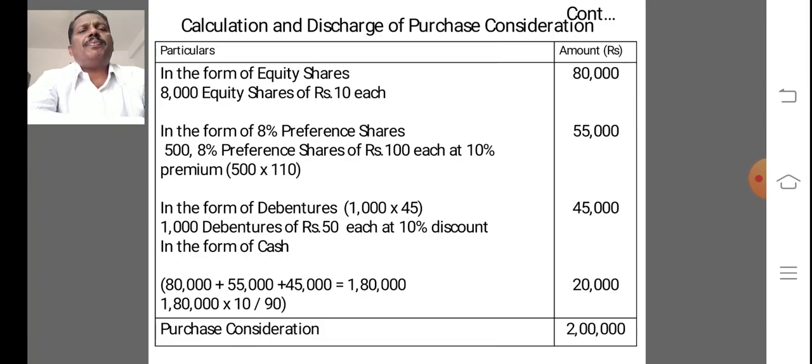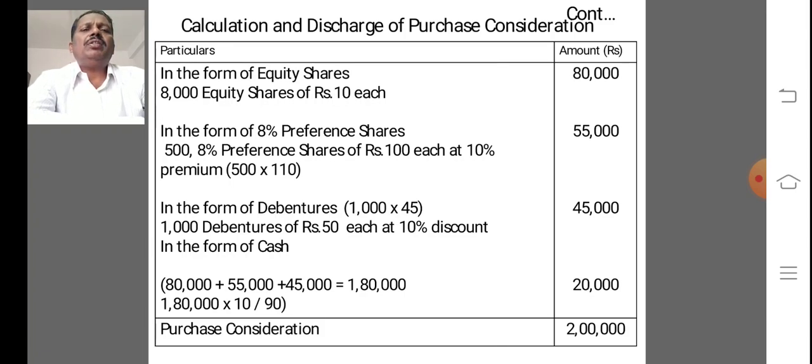And lastly, in the form of cash, that is pay cash equal to 10% of the total PC. What is the total of PC excluding cash? 80,000 plus 55,000 plus 45,000 is equal to 1,80,000.